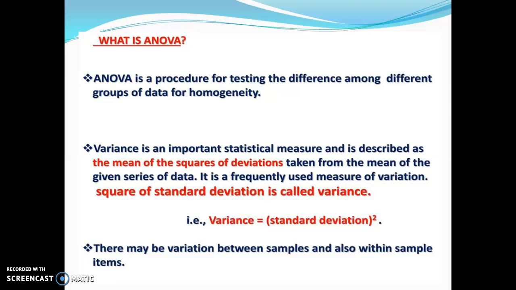ANOVA is a procedure for testing the difference among the different groups of data for homogeneity. It means again to test on the basis of observation whether the different groups of data are equal or not, that is homogeneity.